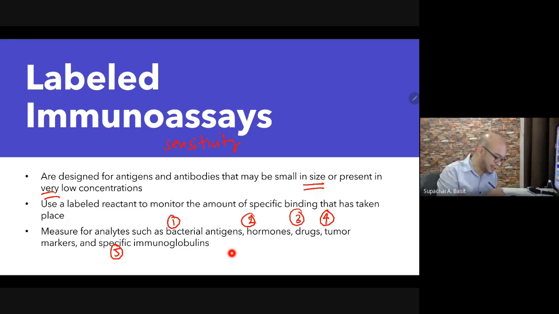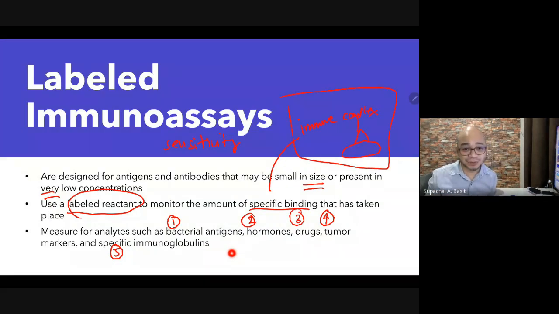We are using labeled reactants to monitor the amount of specific binding that has taken place. When you say specific binding, we are referring to the immune complex, a complex between an antigen and antibody. This complex can only be measured if we are using labeled reactants.